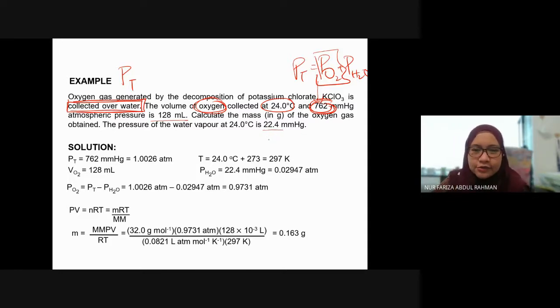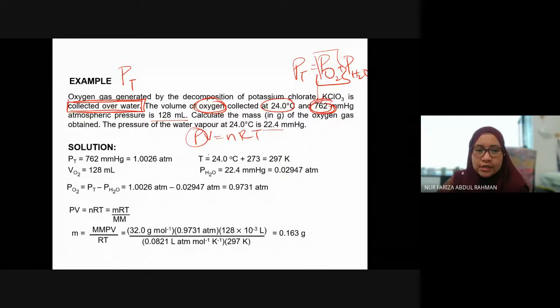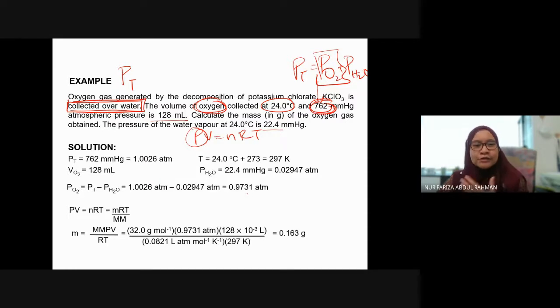Alright, okay, so dia nak apa tadi? Mass kan, dia nak mass kan. So later you akan gunalah PV=nRT, tapi before that you kena prepare for the pressure. So you kena minus dulu. In this solution, dia tukar satu-satu tu dalam ATM dulu, then baru dia tolak. Kalau saya akan tolak dalam mmHg.